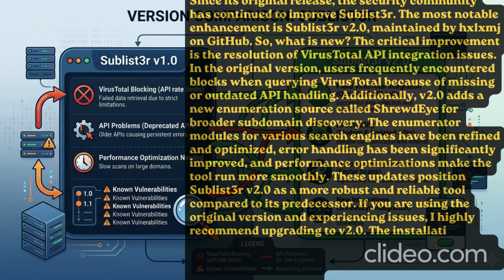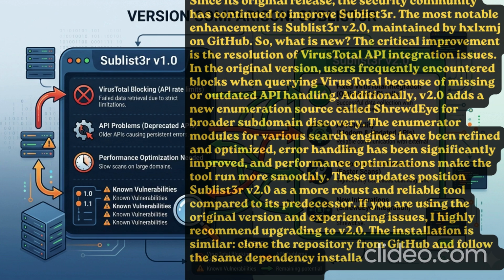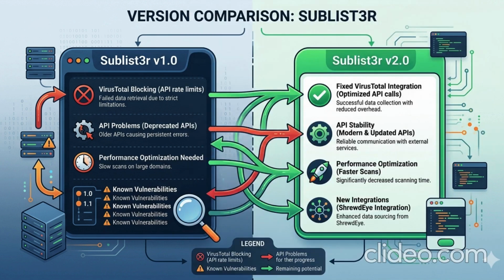If you are using the original version and experience issues, I highly recommend upgrading to 2.0. The installation is similar. Clone the repository from GitHub and follow the same dependency installation steps. The future of Sublist3r looks bright.